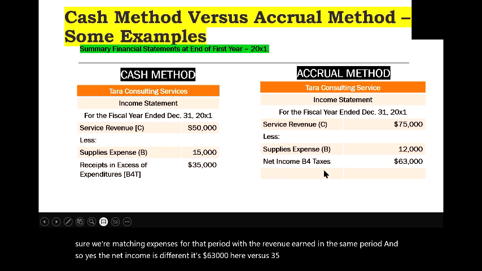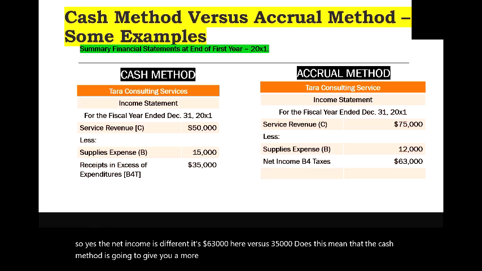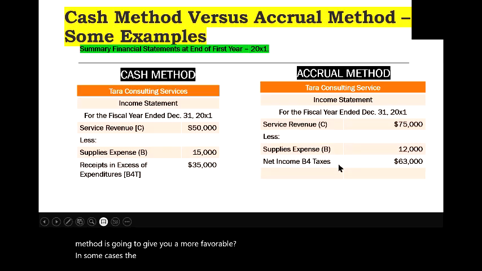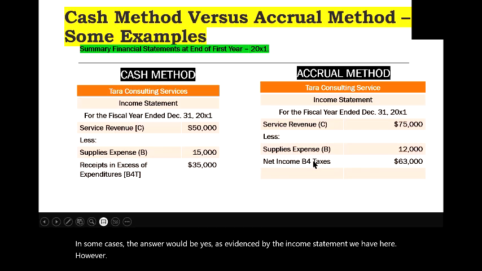Does this mean that the cash method is going to give you a more favorable performance? In some cases, the answer would be yes, as evidenced by the income statement we have here. However, it does not always follow that one method is going to be giving you a more favorable or less favorable financial performance.